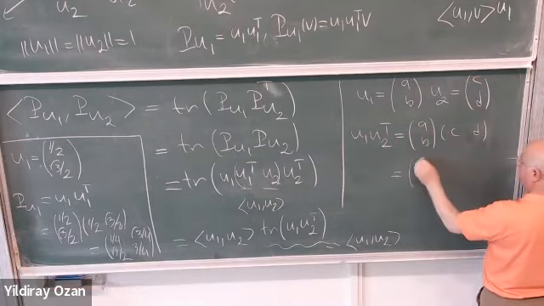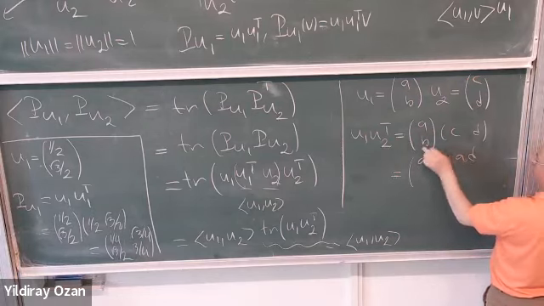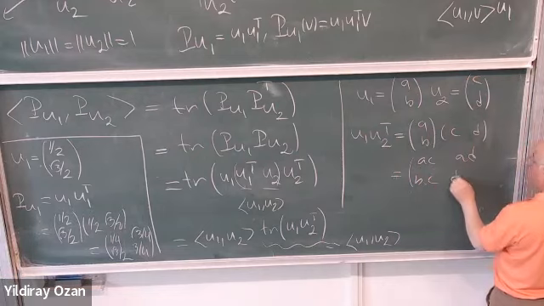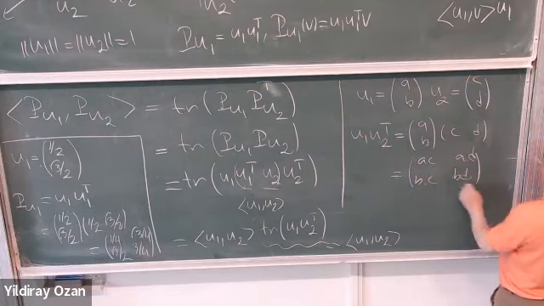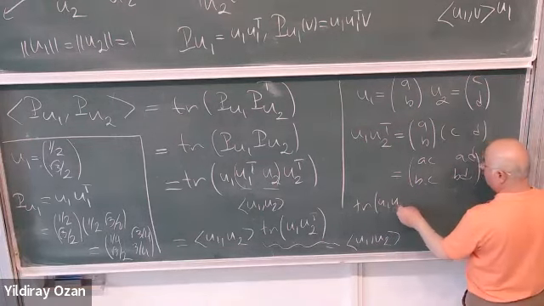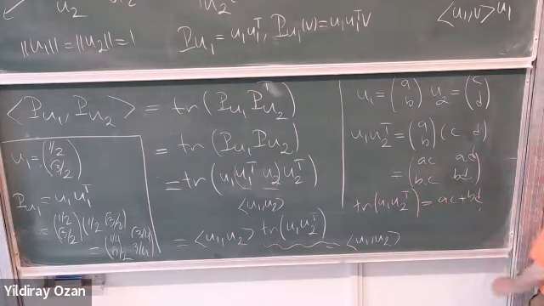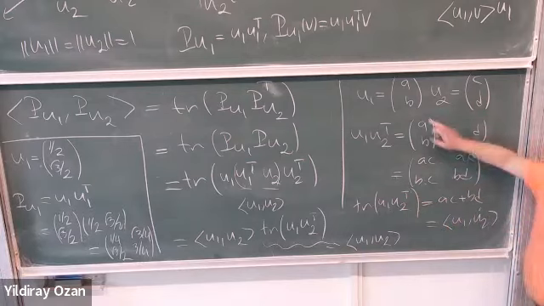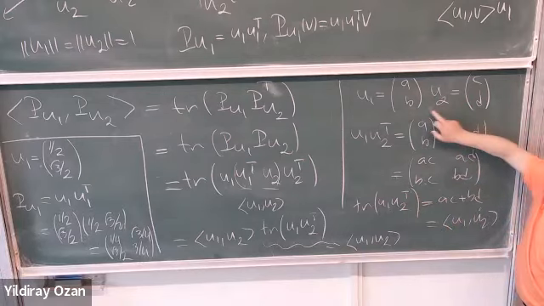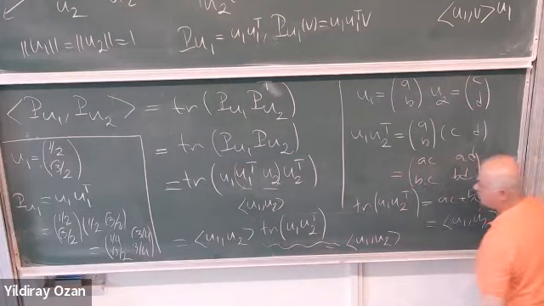This is AC, and then AD, BC, BD. What is the trace of this? Trace of U1, U2 transpose. It is AC plus BD, and it is nothing but the inner product of U1 and U2, right? Inner product of these two vectors, AC plus BD. So this thing is also this inner product.